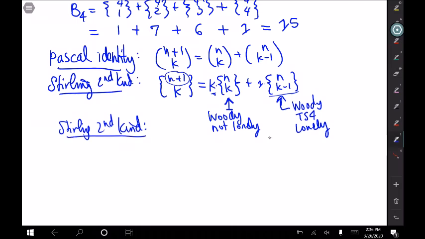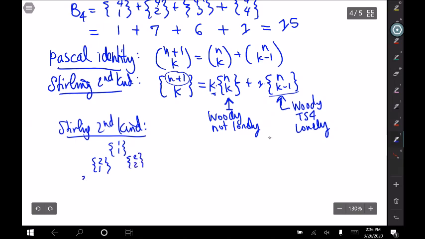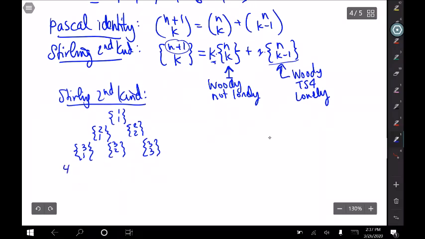So we start on top with one object, one box, then two objects, one box, two objects, two boxes, three objects, one box, two boxes, three boxes, and so on. Let's do one more: four objects, one box, two boxes, three boxes, and four boxes. It keeps going on and on, just like in the Pascal triangle.